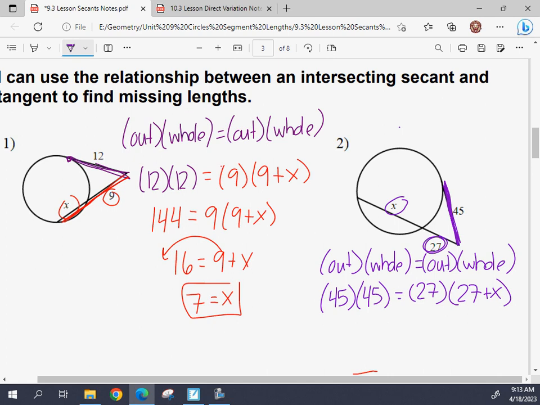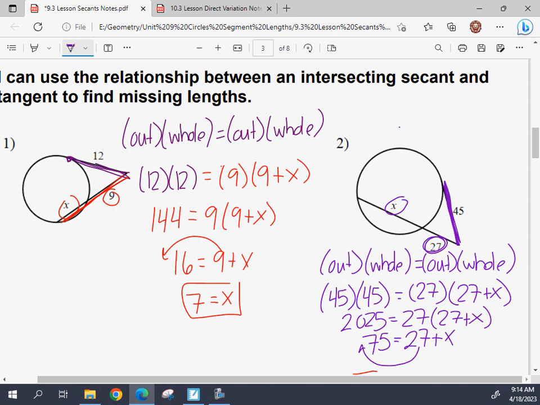And now I can solve. We're not adding 27 and x. 27 plus x is not 27x. We leave it alone. I'm going to divide both sides by 27. And then I'm going to move that 27 over.